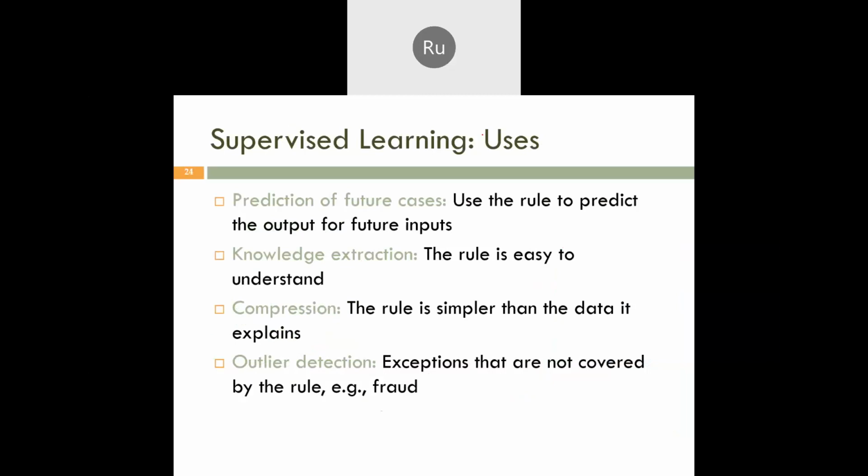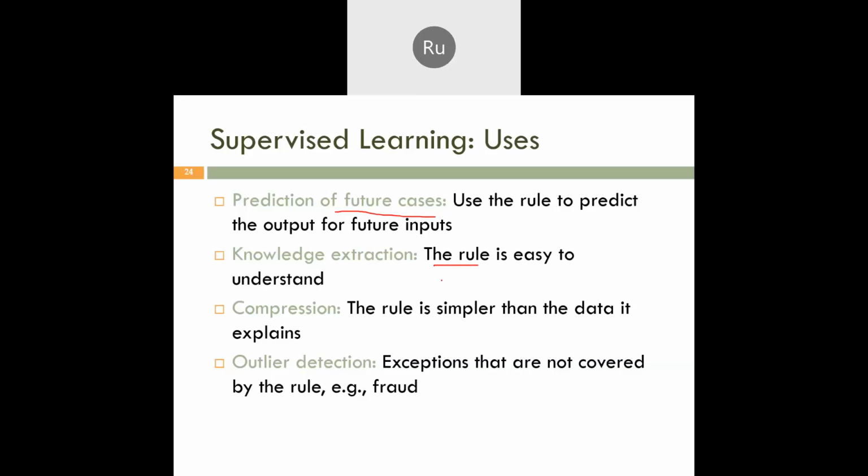Okay. These are the applications of supervised learning for prediction of future cases. So this is regression. We can also extract rules from the data in order to perform classification. And the rule is simpler than the data it explains, meaning that based on the rule, we can perform the classification.